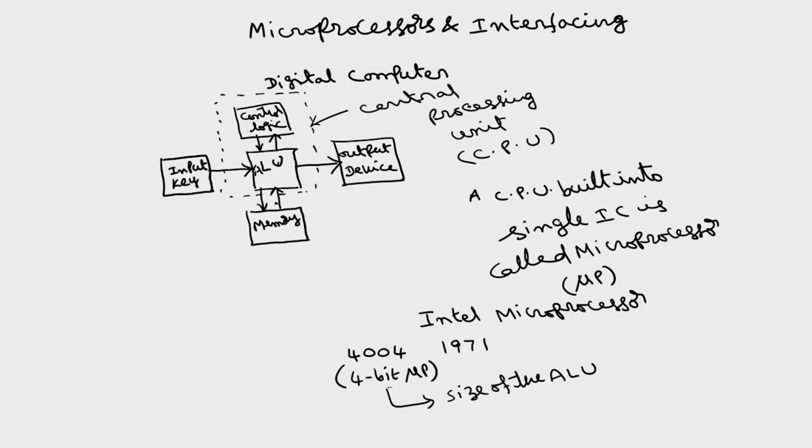This 4-bit microprocessor was first fabricated in 1971, its clock frequency is 1 kHz, the number of pins in this IC is 16, and the memory capacity of this 4004 was just 1 kilobyte, meaning there are 10 address lines.